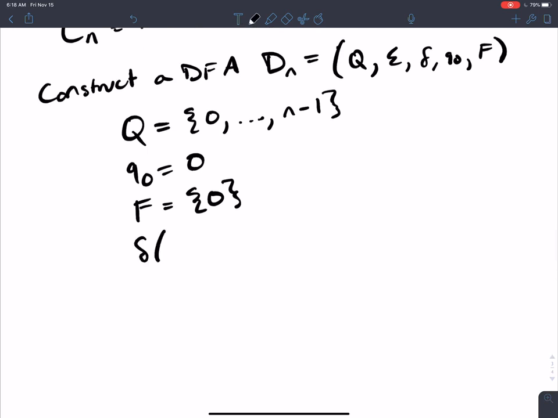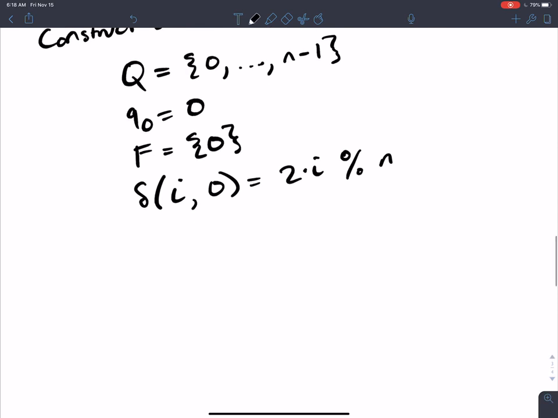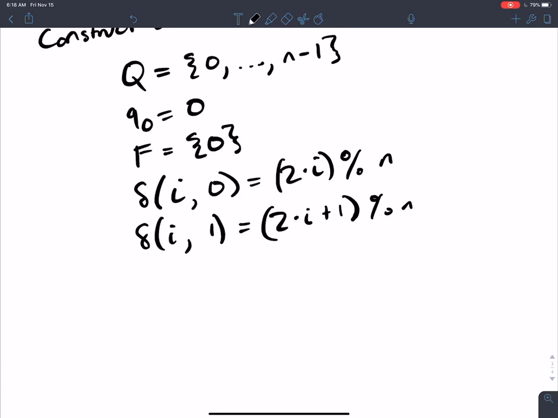And then the transition function from a state i, just some number, reading a 0 is going to be 2 times i, because it's multiplying by 2, and then modulo n, take the remainder with respect to n. And then delta of i, 1 is going to be (2 times i plus 1) modulo n. I should put parentheses around this too.